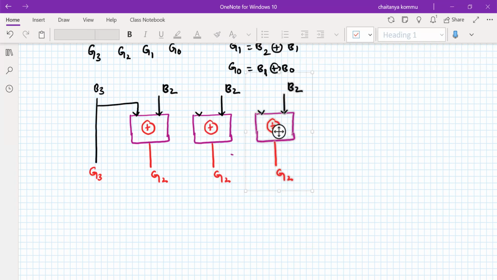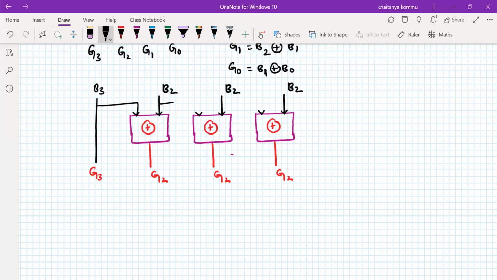Okay, so B2 is required and it should generate G1. B1 is applied here and we should generate G0 here.